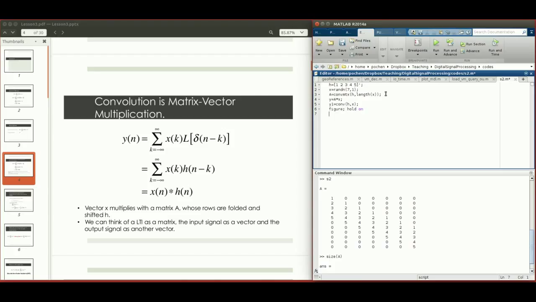Hold on, and then do a stem of y, use black, and then do a stem of y1, use color red, for example. So y1 is doing the convolution using the Matlab conv function, but y is computed by multiplying the convolution matrix with x. If they are identical, then you should not see any black signals.